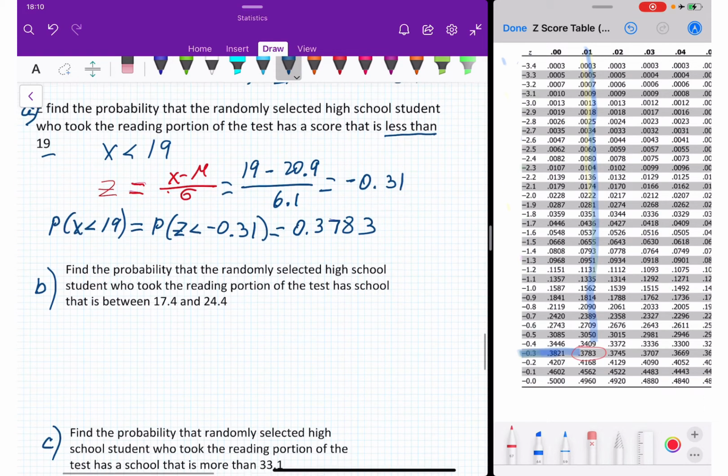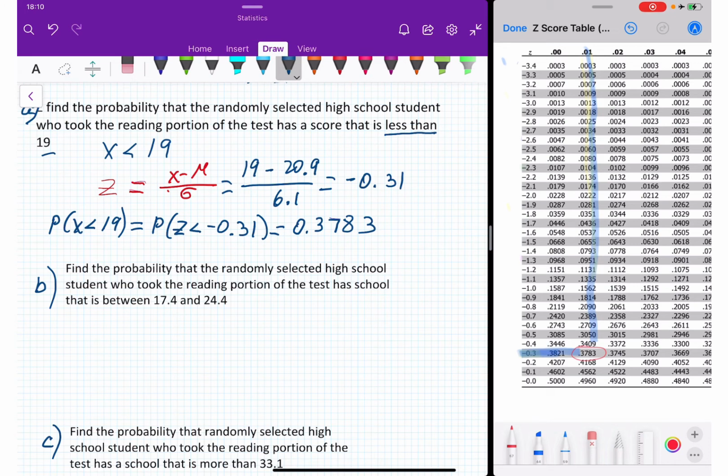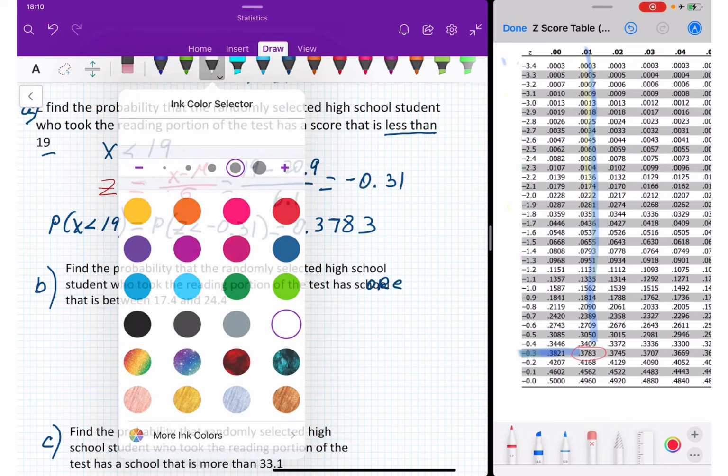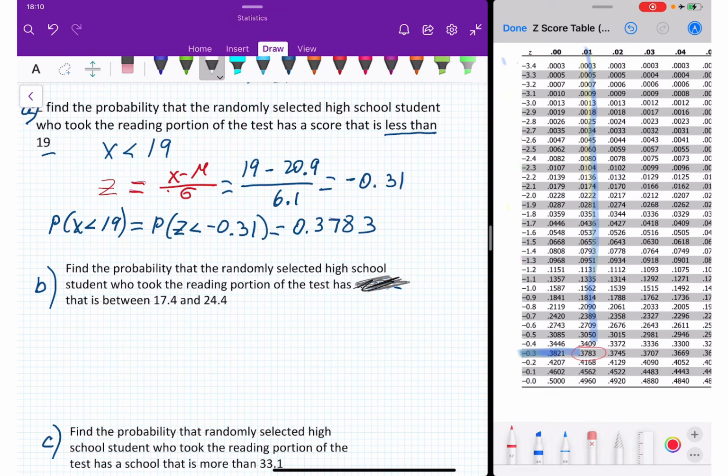Okay, next, find the probability that a randomly selected high school student who took the reading portion of the test has a score that is between 17.4 and 24.4.